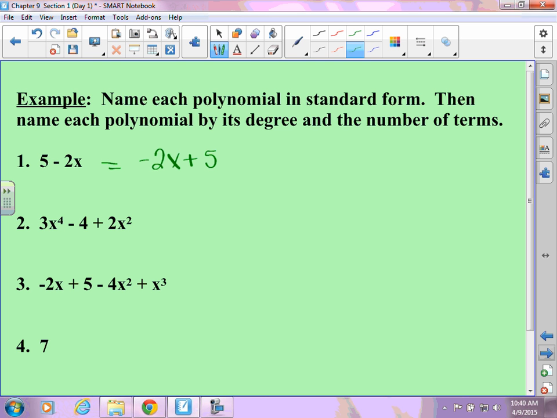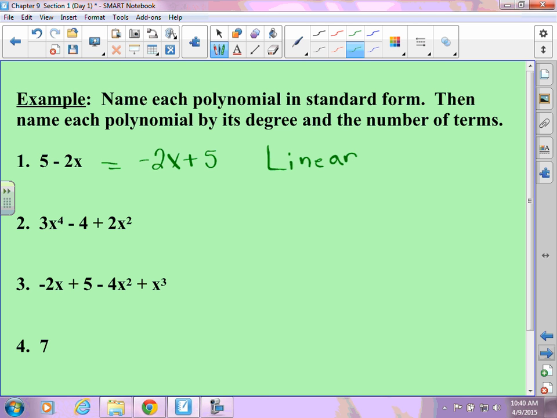It is a 1, right? So I'm going to call it what? I'm going to call it linear. And how many terms do I have? I have 2 because I cut it right at that addition symbol. Negative 2x is the first one, and 5 is the second one. Okay, so if it's 2 terms, I call it a binomial.